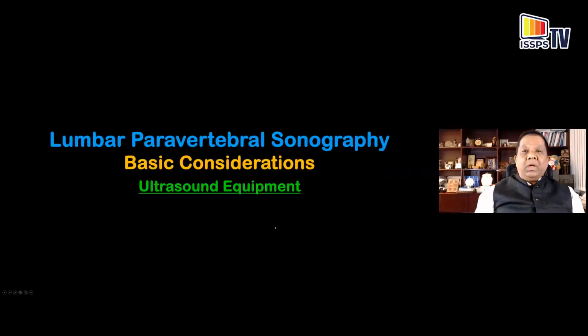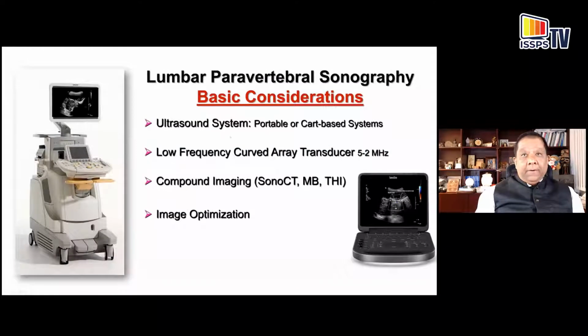So what kind of equipment do you need when you perform a scan? Needless to say, because it's a deep structure, we use low-frequency transducers, and low-frequency probes are by far the transducer you've got to use. There are all kinds of different machines available today.